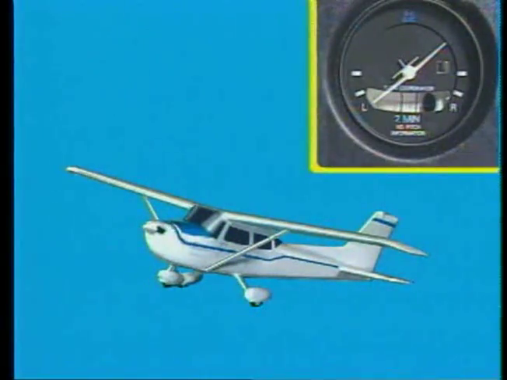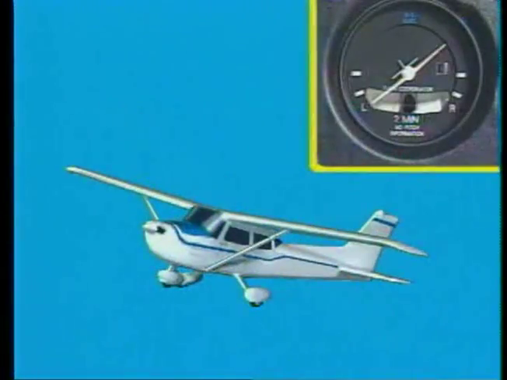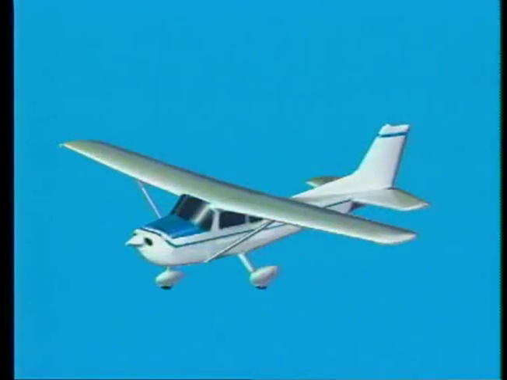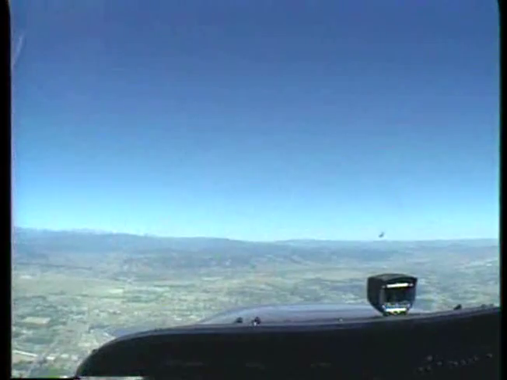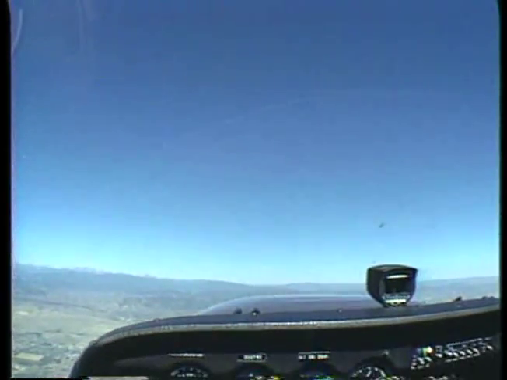Conversely, if the airplane is skidding to the outside of the turn, the lower wing will tend to stall first. This results in a steeper bank. If the airplane is properly coordinated, it will pitch down with approximately the same amount of bank. Therefore, you should work to keep the aircraft in coordinated flight as you practice any power-on stalls.